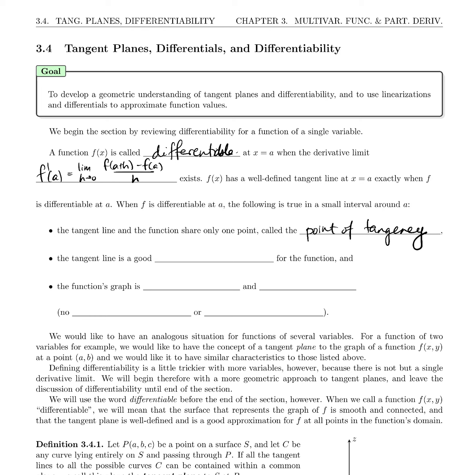The tangent line is a good approximation for the function, and the function's graph is connected and smooth, which means that there are no discontinuities or sharp points.